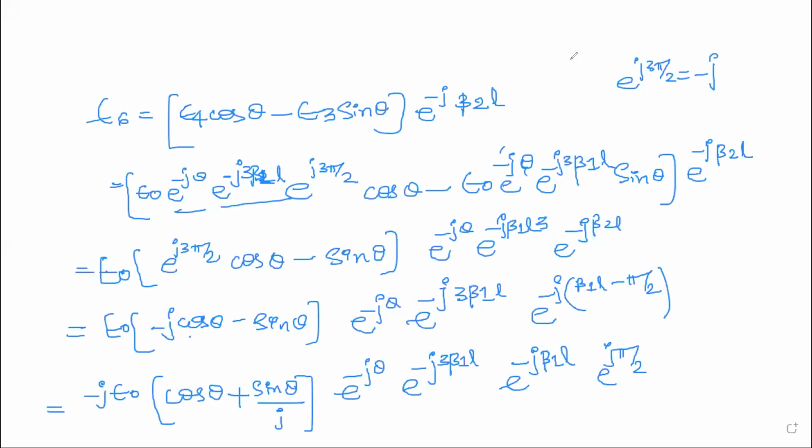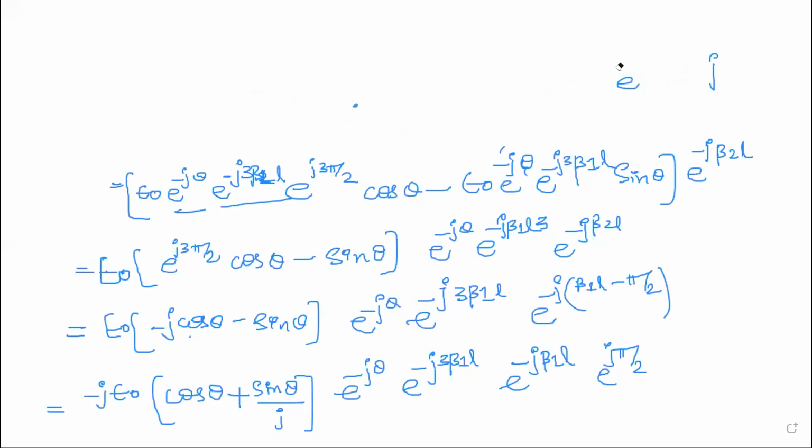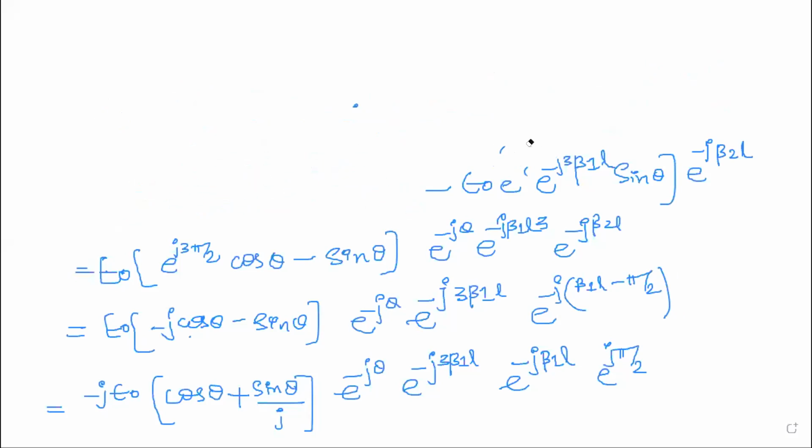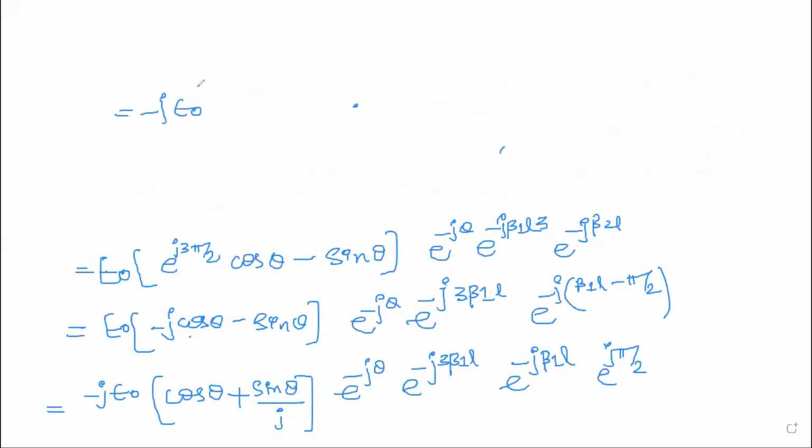Now after this, you need to write the equations, or just simplify this equation. So you can take the middle term after cos theta plus sin theta by j. 1 by j is nothing but minus j. So if you substitute there, the equation will become cos theta minus j sin theta, which you can write as e power minus j theta. So this is minus j E naught, cos theta minus j sin theta, e power minus j theta.